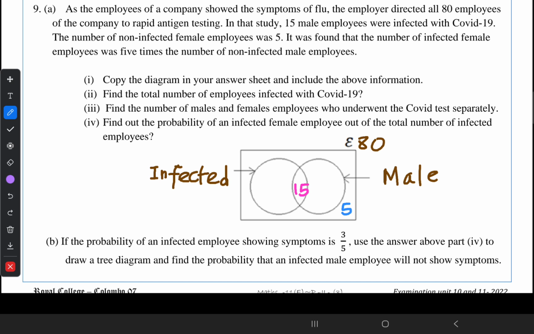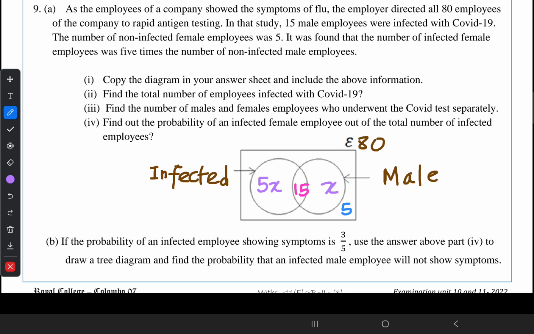I will denote the non-infected male count as x, so the infected female count is 5x. The non-infected male do not belong to the infected circle, so this is non-infected male, and its 5 times would be infected female.